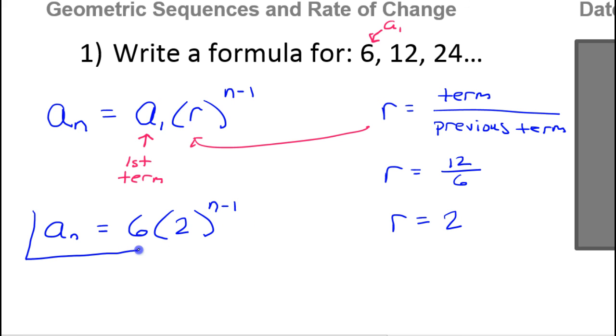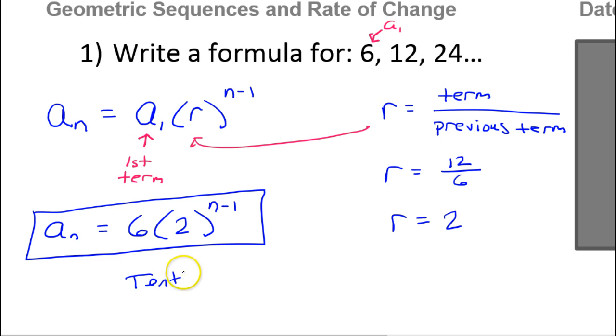So this is a rule for any term. So for example, if I wanted to find the 10th term, that would be a10. And so I would do 6 times 2 to the 10 minus 1 power.